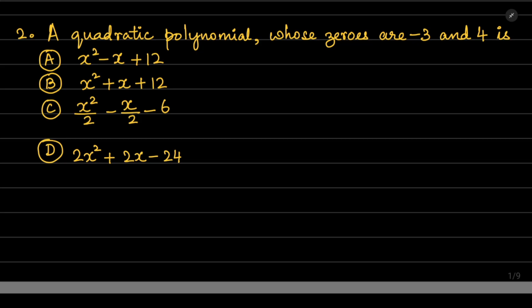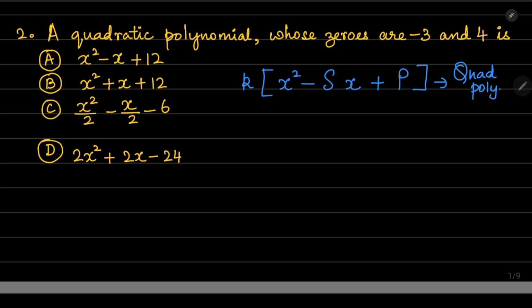Because if we have the sum of the zeros and product of the zeros, we know the formula. What is the formula? k multiplied by x square minus sum of the zeros into x plus product of the zeros. So this is your quadratic polynomial which they are asking.